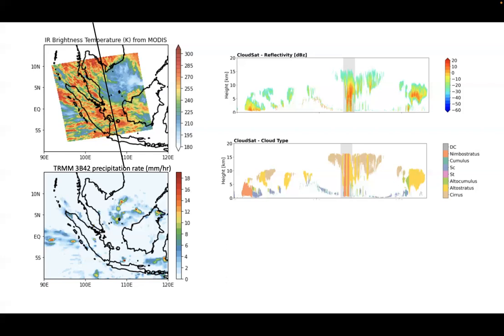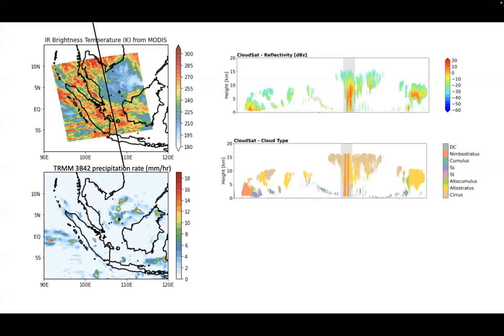The top one is the reflectivity from CloudSat. The bottom one is their classification of cloud types, deep convection, nimbostratus, stratus, cumulus, etc., based on the vertical shape of these clouds. So on Wednesday, I'm going to introduce you these data sets, so that if you want to do a case study, if you don't want to study long-term climatology, you could utilize these data sets and the tools I'm going to introduce to you to study these cloud systems in more detail.